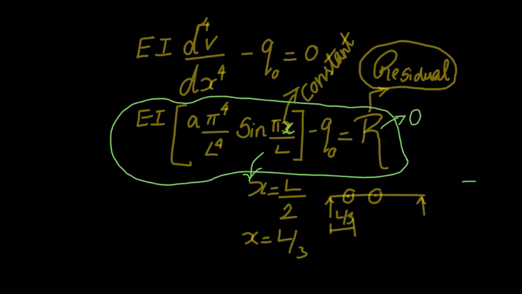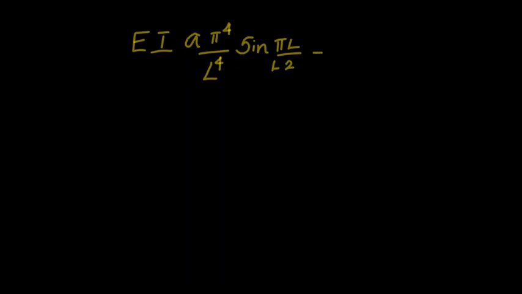Once I have got the value of the constant, then the problem is over. So put x is equal to L over 2 in this particular equation for residual, and let me see what is the value of constant that I am getting. If I put x is equal to L over 2, the equation that I will be getting is EI into A into pi raised to the power 4 over L raised to the power 4 into sine of pi x by L, with x as L over 2, minus q naught is equal to 0.